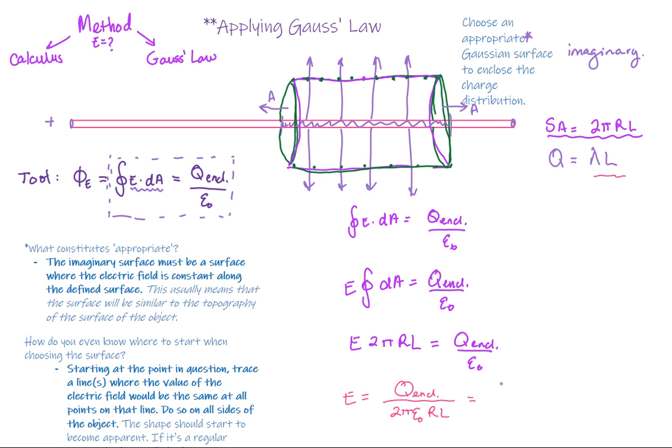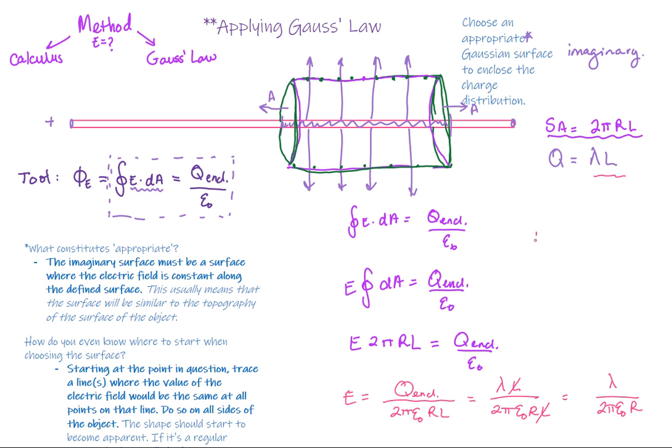So I would do lambda L over 2 pi epsilon naught R L, and then I can get rid of the L's, and we see that the length of the rod actually doesn't even matter in determining the electric field at a specific point, which makes sense. And so what I would say is E equals lambda over 2 pi epsilon naught R.